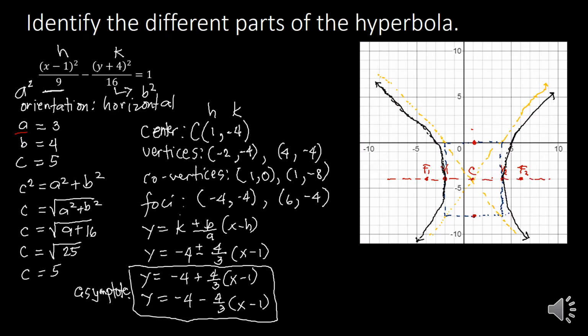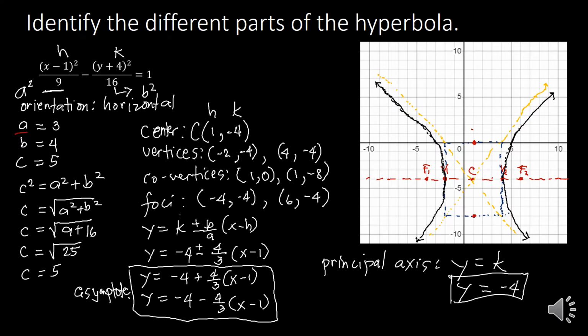So this one is our principal axis, and that is y equal to k, which is negative 4. So this is our principal axis.